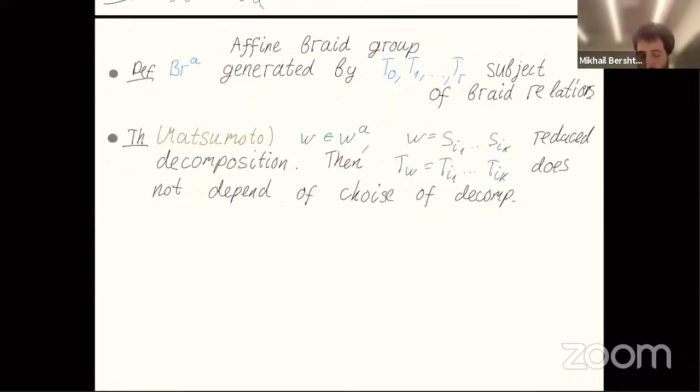This doesn't mean that we have an embedding. It means that for any element of the affine Weyl group, we can assign an element of the braid group. This is not a group embedding. So usually if we take two elements, w and w', and consider their product, then the length will be less than the sum of the lengths. Okay, let me state it as a corollary.